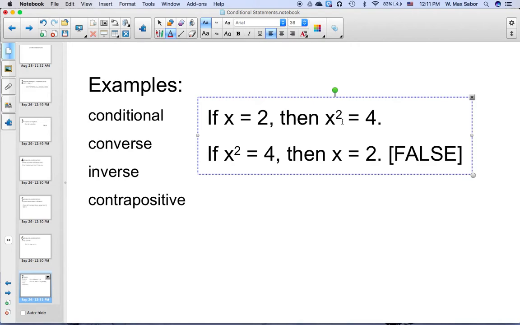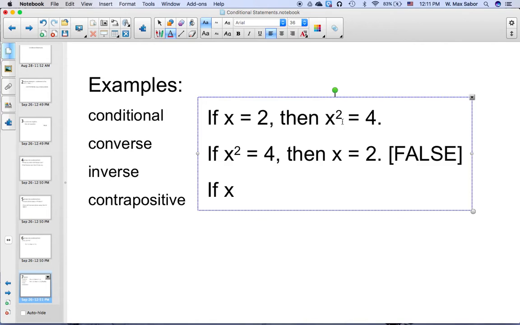The inverse is when we take the original statement and make it opposite. So instead of x equals 2, we say x is not equal to 2, then x squared is not equal to 4. And this also happens to be false. But that's the inverse.